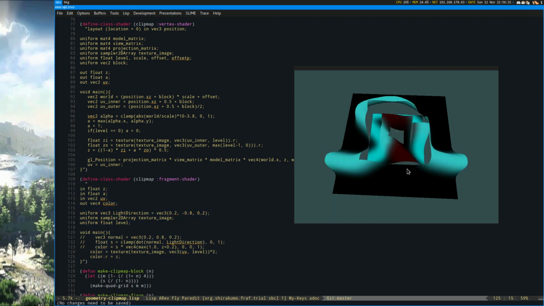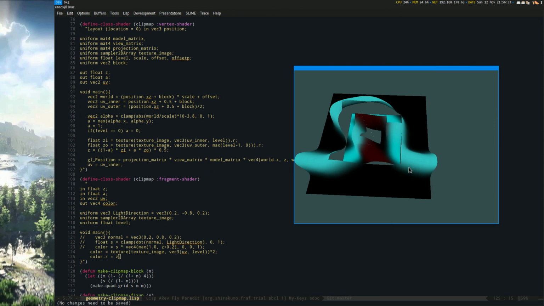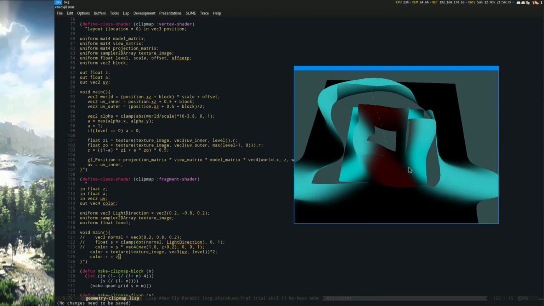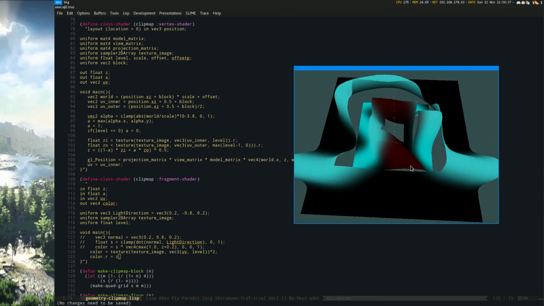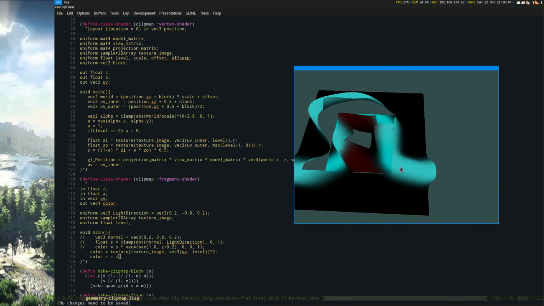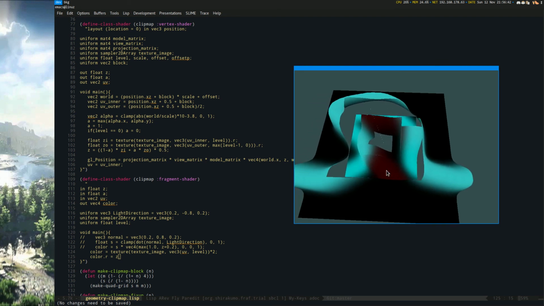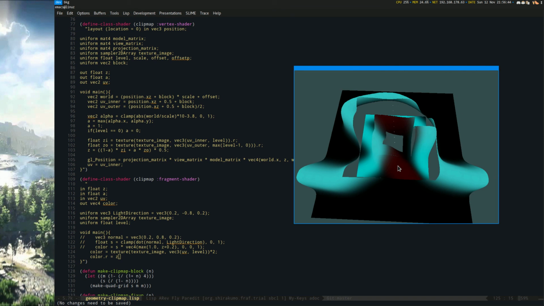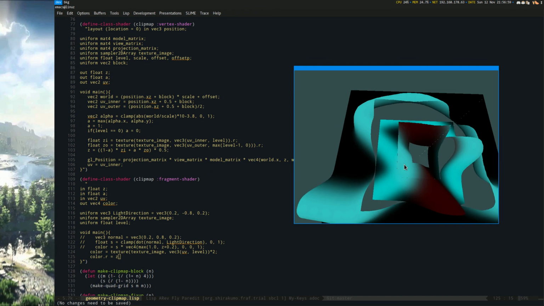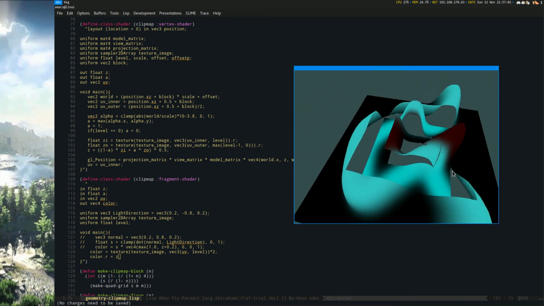Okay, now we can see it. It's almost like it's rotated somehow, but that doesn't make any sense, does it?